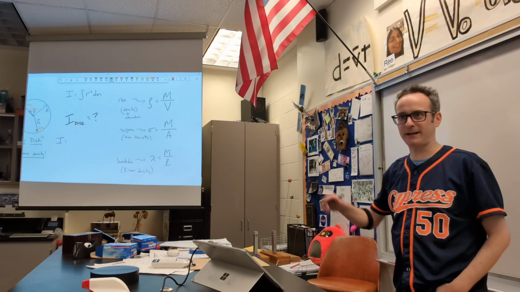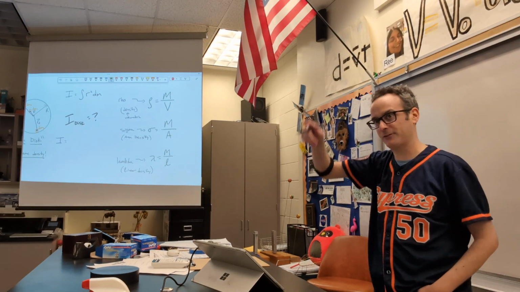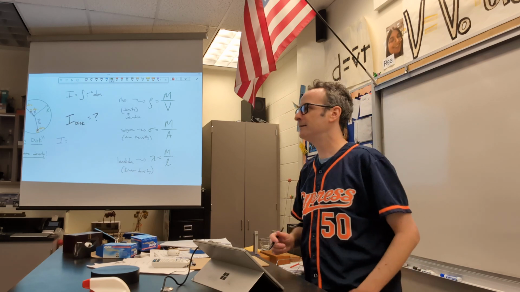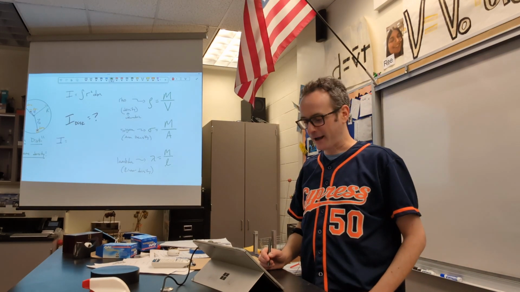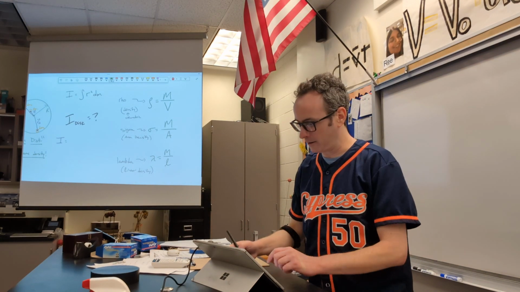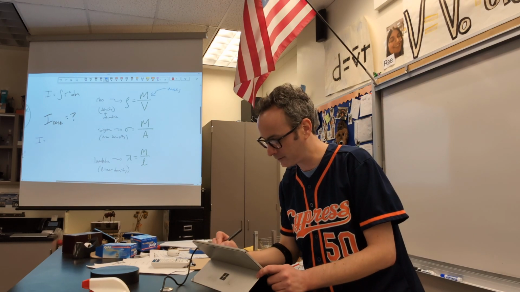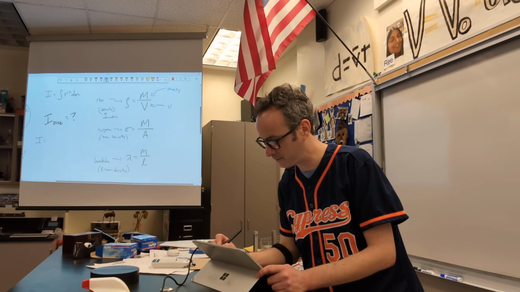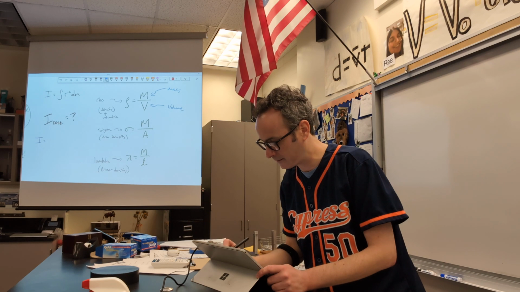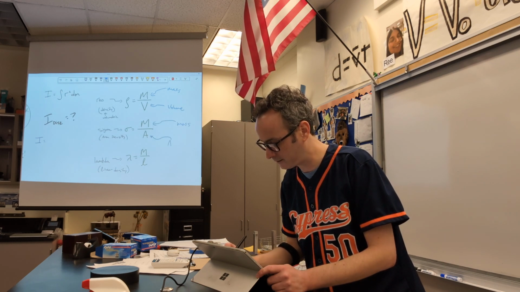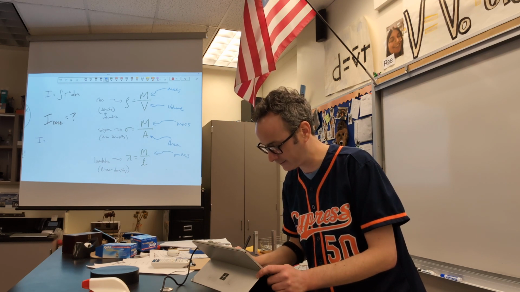That's baby sigma, not capital sigma, which is the E. And again, quickly: this is mass over volume, mass over area, mass over length.